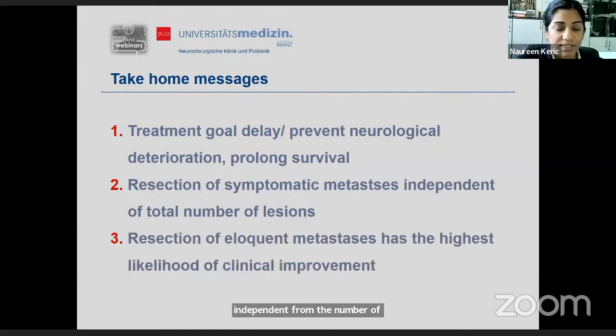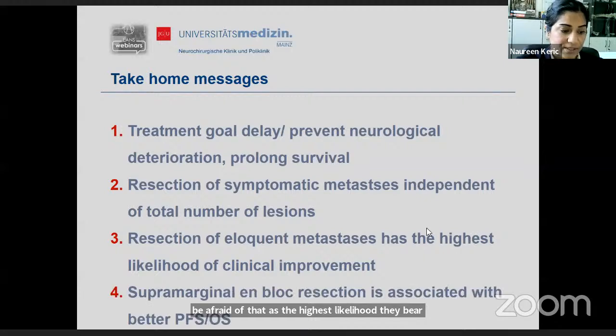And the resection of eloquent metastasis, one should not be afraid of that, as they bear the highest likelihood of clinical improvement. And supramarginal en bloc resection is associated with a better PFS and OS. Thank you very much.